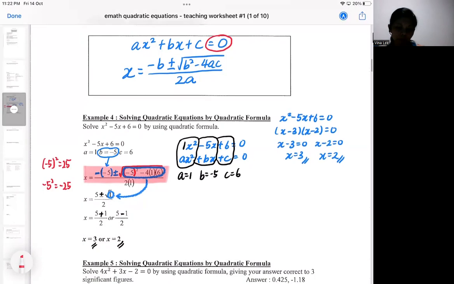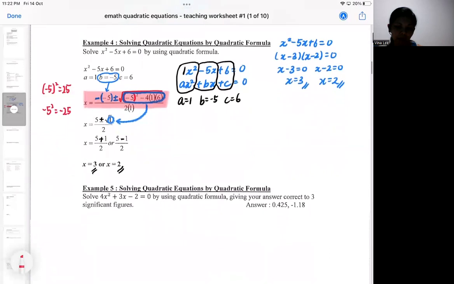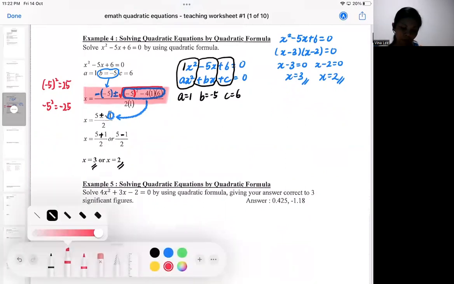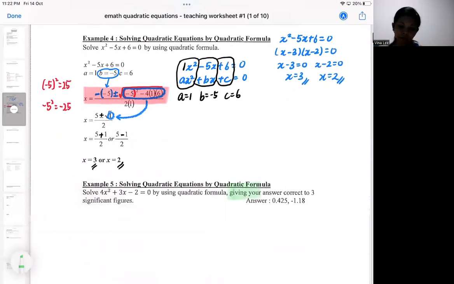Sometimes the answer can be not nice. Some quadratics can give you answers that are not nice. The question will tell you whether you should give it to 2DP or 3SF. If the question doesn't say, usually it will be 3SF, but for O level, sometimes it can be 2DP.